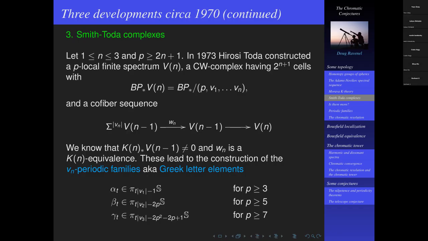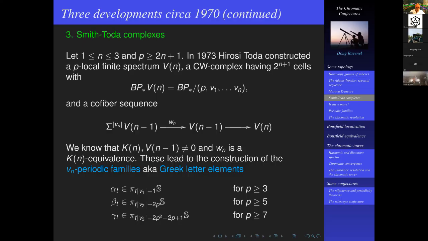For the three values of n, these elements are known as alpha sub t, beta sub t, and gamma sub t, with the appropriate lower bounds on primes. And so these are infinite families of elements in the mysterious homotopy groups of spheres.